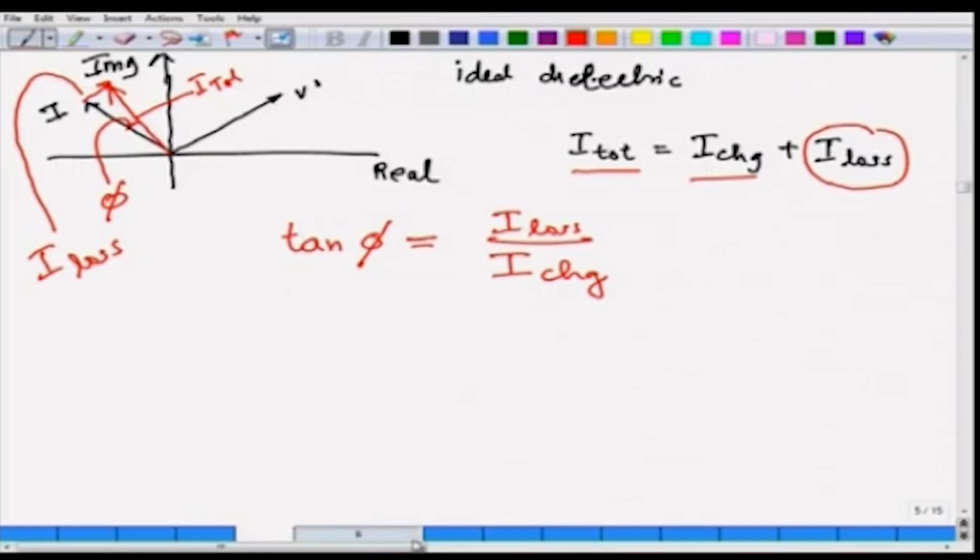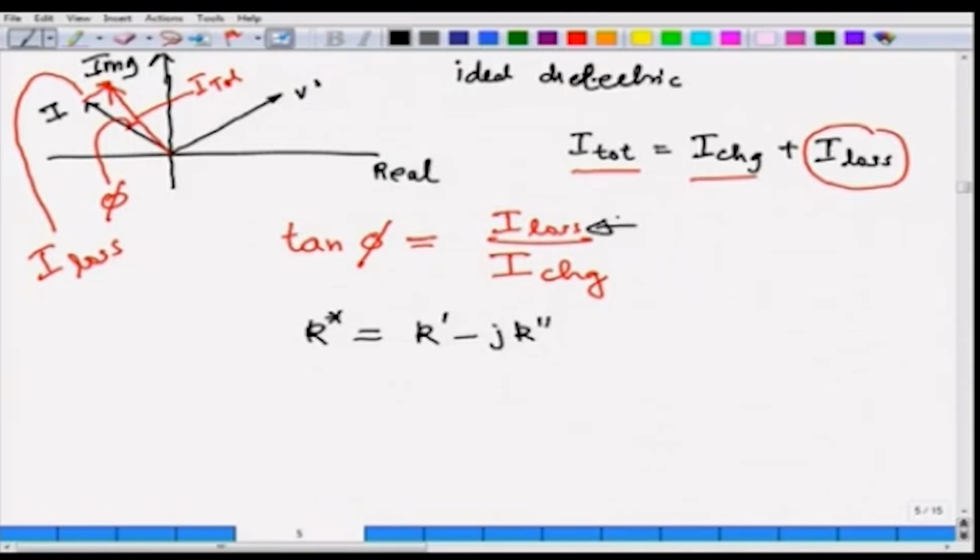Now what I am going to show you is that this behavior can be represented if we consider the dielectric constant itself as a complex quantity consisting of that same k prime, the real dielectric constant of a perfect dielectric, minus j times some k double prime, which is connected to this loss.